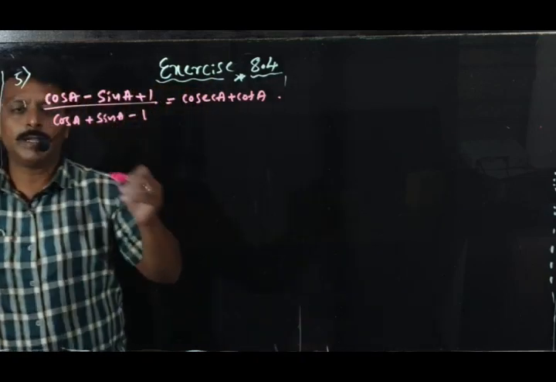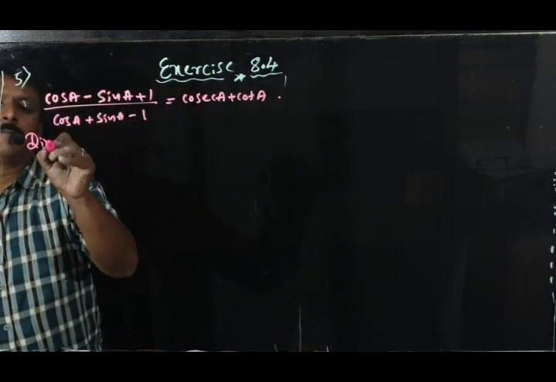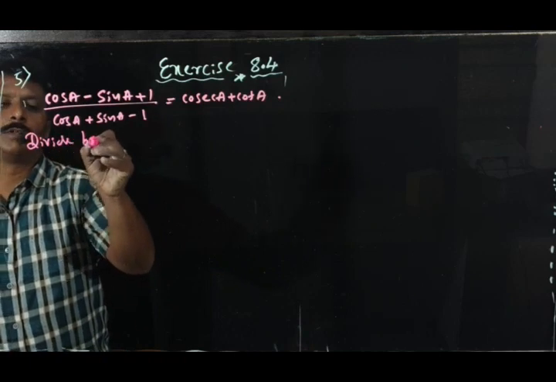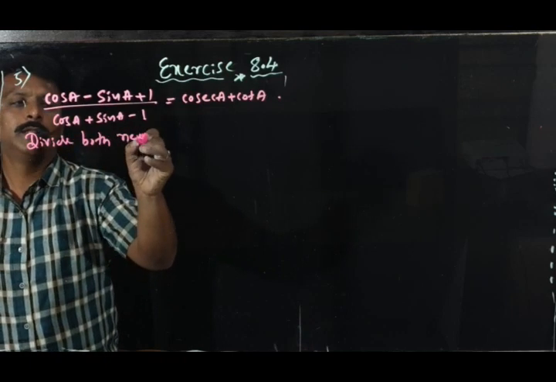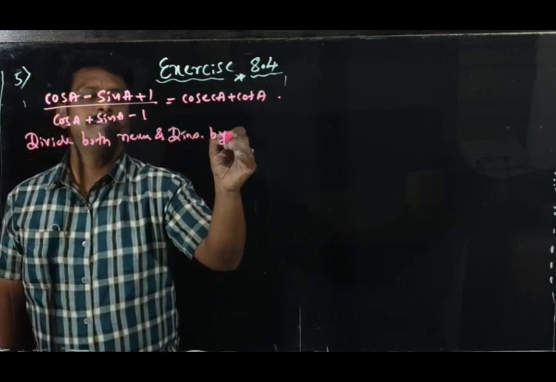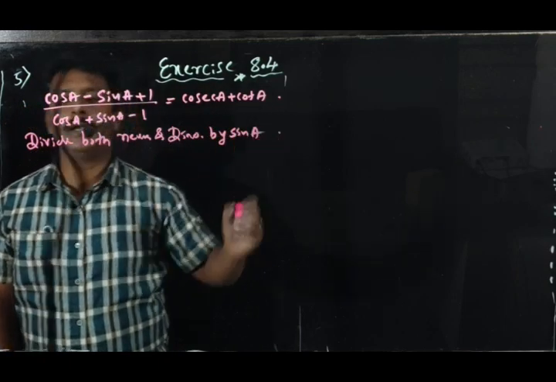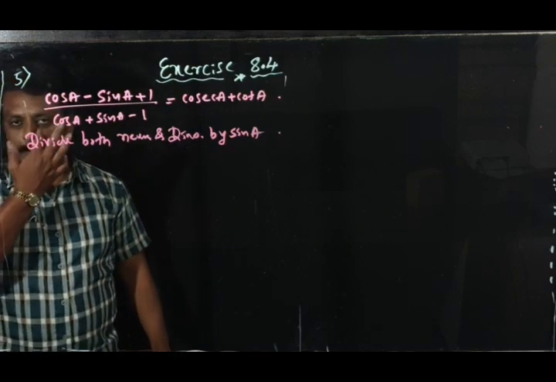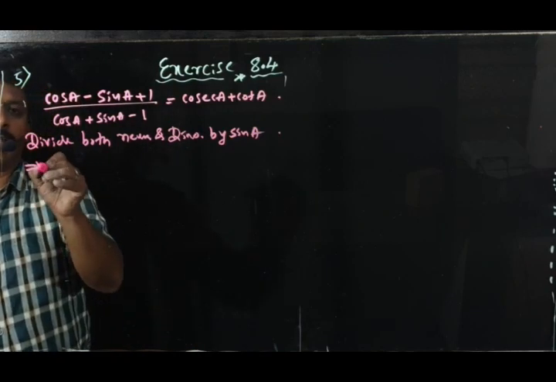That's fine. What I am doing is dividing both numerator and denominator by sine A. Then what you will get?